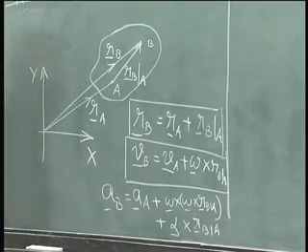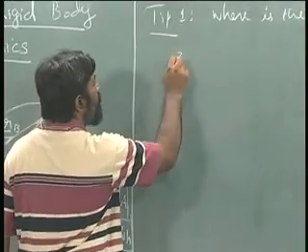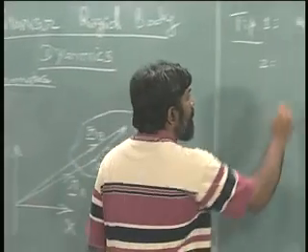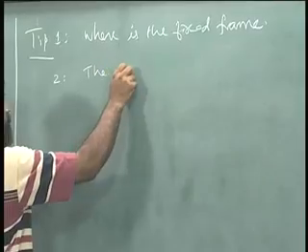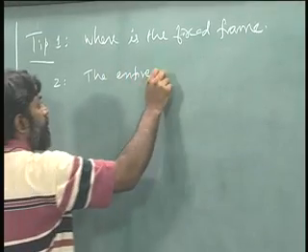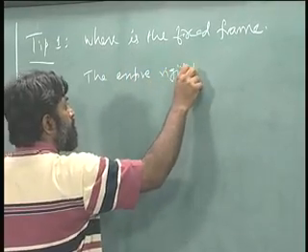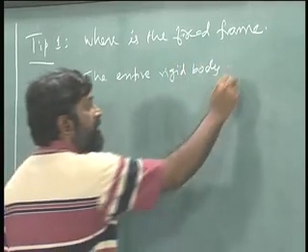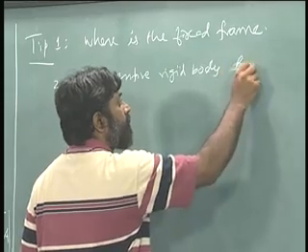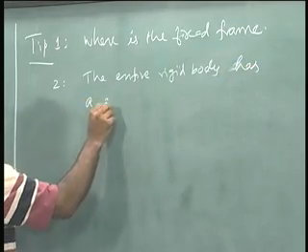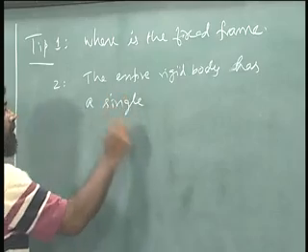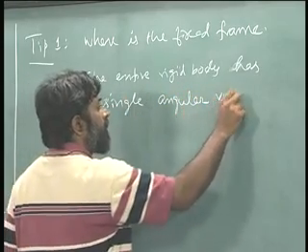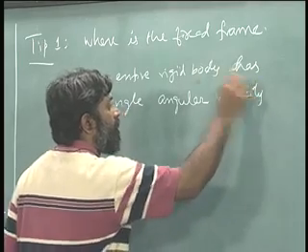Tip number 2, which is usually forgotten, I have already talked about this earlier. If I am talking about one single rigid body, the entire rigid body has a single angular velocity or acceleration.